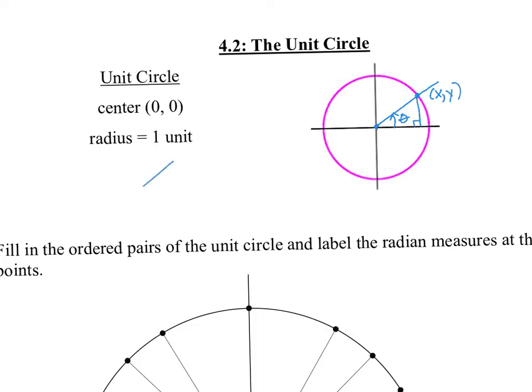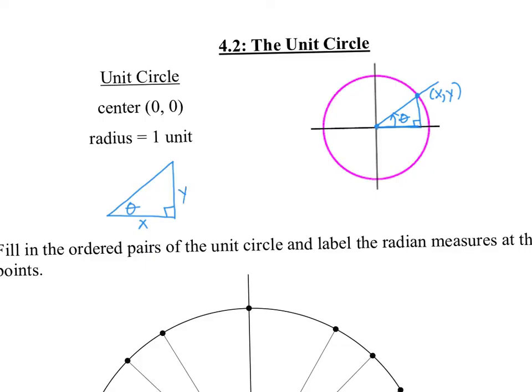I'm going to redraw that triangle over here. Now because this location is xy, I must have gone to the side x, which means the length of that side is x. If I go from here to here, this is a distance of y, so this side must be y.